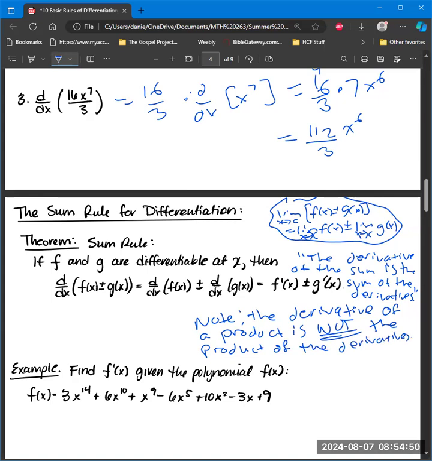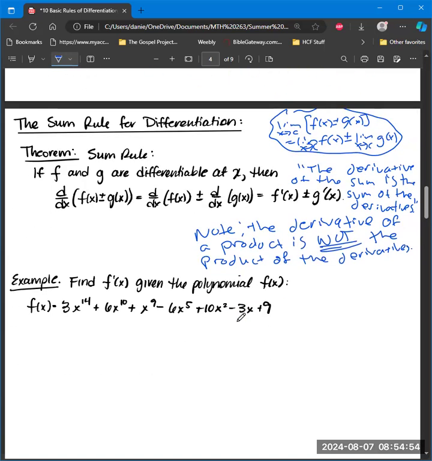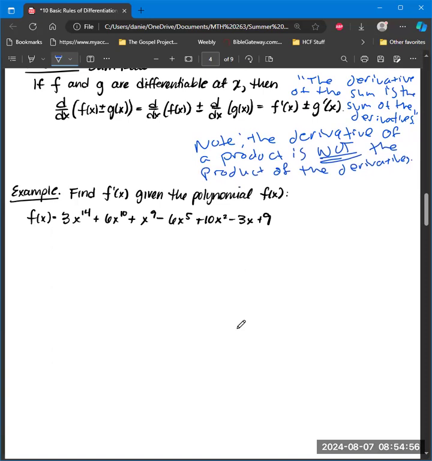That is not a property that is inherited from limits. So we'll need a special rule for that when we get to the product rule later on in the notes.